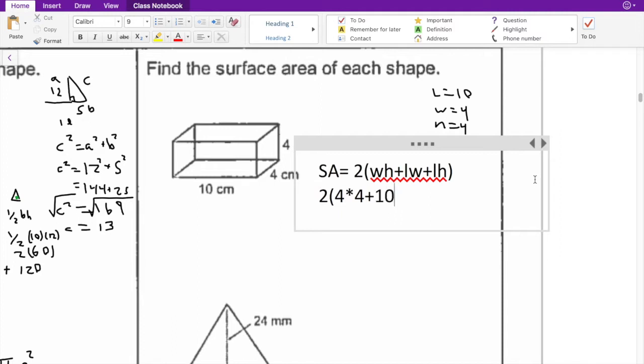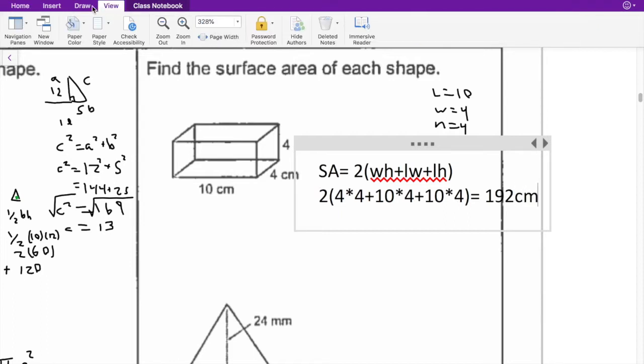So as I look up, I know this is 10, that's 4. I'm going to add on another 10, another 4, and hopefully, if I press spacebar here, it's going to punch out the exact number of 192. Well, it didn't. What do you know? So, if we do all this calculation here, it'll pop out as 192 centimeters squared.